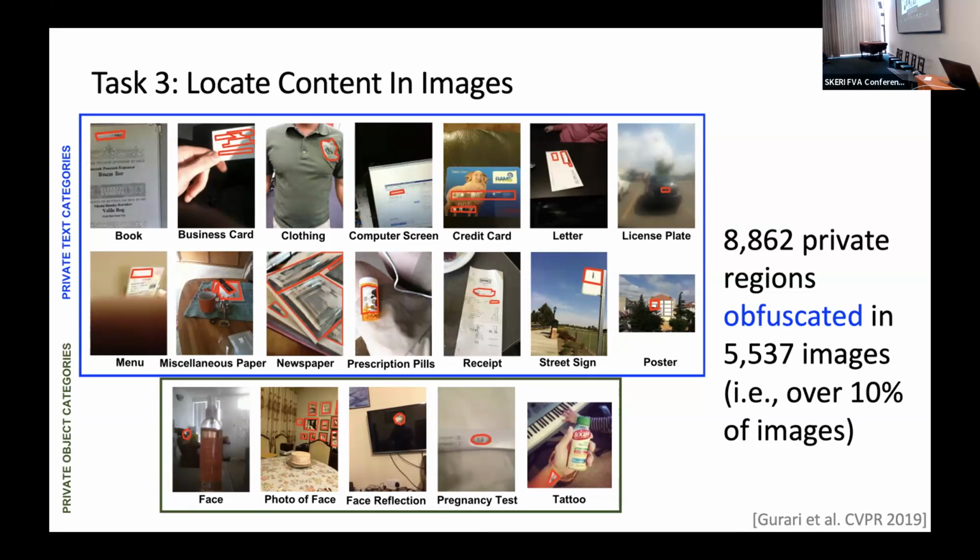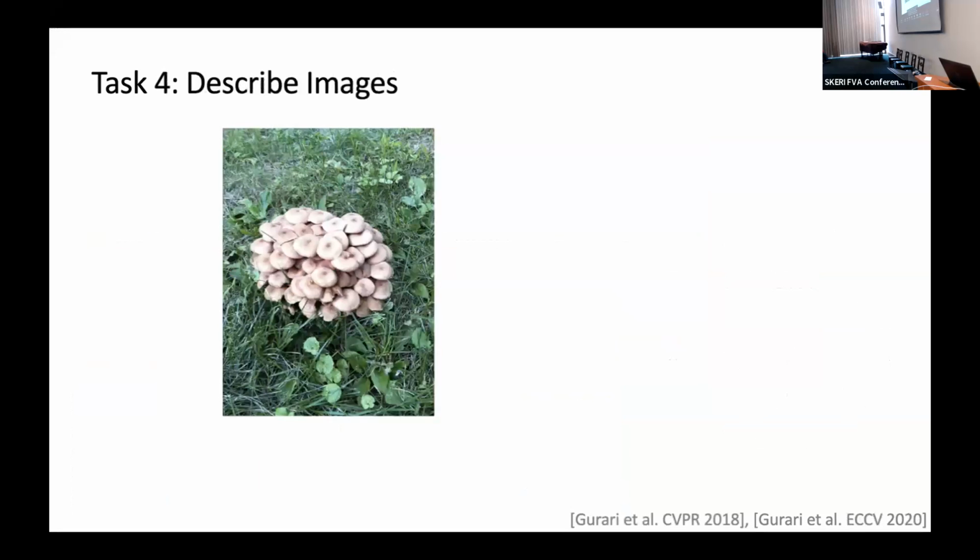And so we built another challenge where we went through all the images with private content, and we obfuscated that content, and we inpainted in different ways. But we built a challenge that says, can you predict where private content would be in these images from the context? Because we, of course, weren't going to release the private content itself. So given an image, try to predict whether or not there's private content and where it's located.